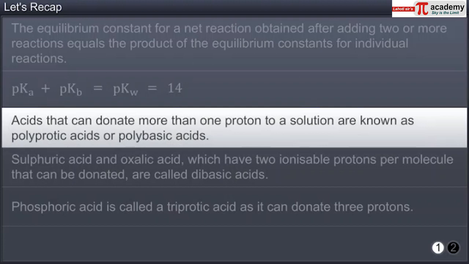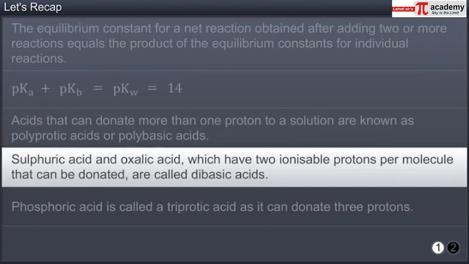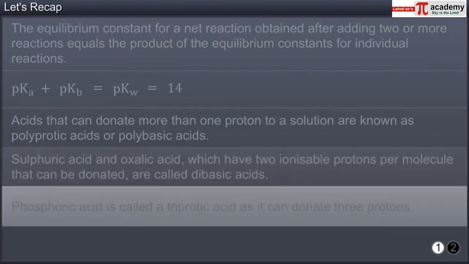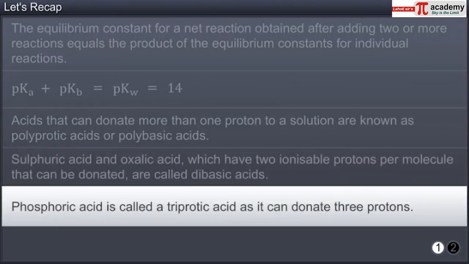Acids that can donate more than one proton to a solution are known as polyprotic acids or polybasic acids. Sulfuric acid and oxalic acid, which have two ionizable protons per molecule that can be donated, are called dibasic acids. Phosphoric acid is called a triprotic acid, as it can donate 3 protons.